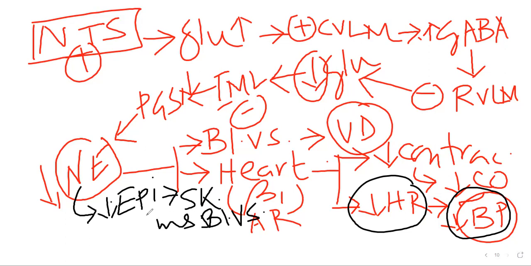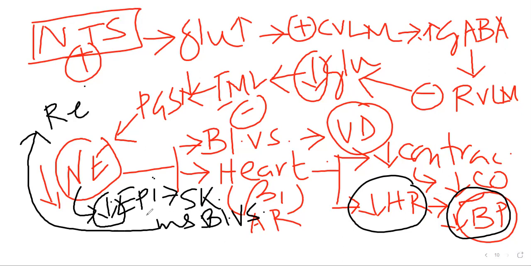Normally, due to the action of epinephrine, more blood flows to the skeletal muscle. But if the epinephrine concentration decreases, the skeletal muscle will not work properly because of the less blood supply, and it will become relaxed. So skeletal muscle laxity, or relaxedness, will occur.